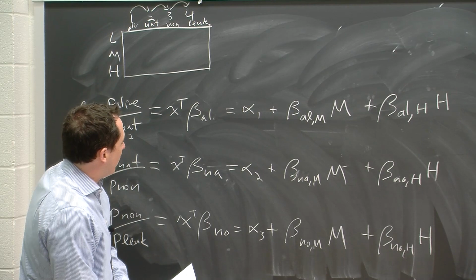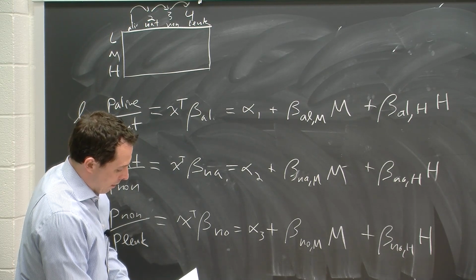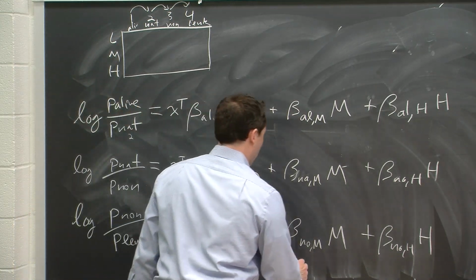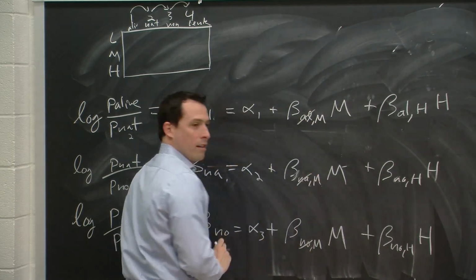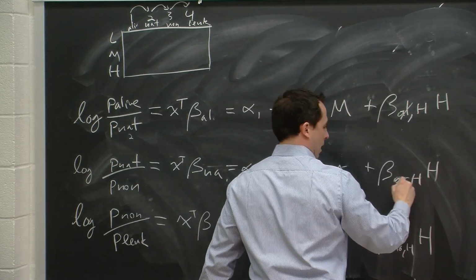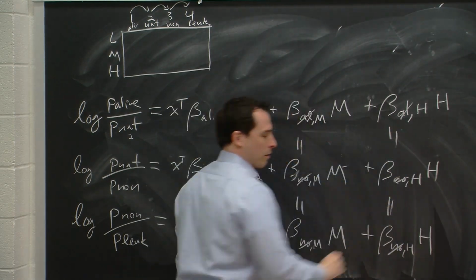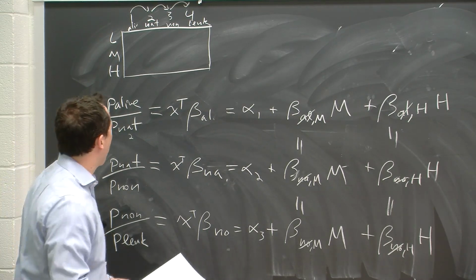At this point, it's equivalent to the baseline category model until we make a decision to set these equal by forgetting about that and forgetting about that. So in other words, we set these betas equal and these betas equal. Now we're taking a particular view.